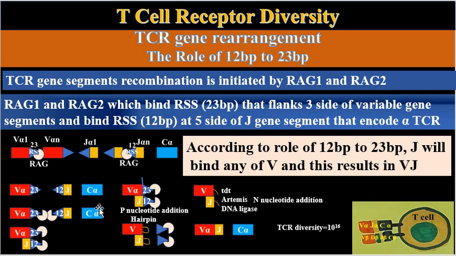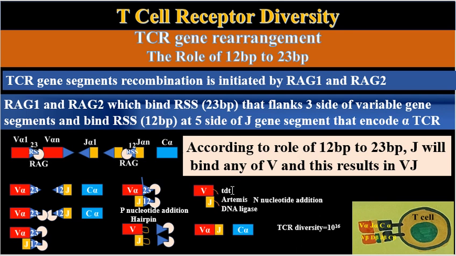Then RAG starts to cut or to cleave at these places, and this will end with formation of a hairpin due to P nucleotide addition by RAG enzymes. However, RAG enzymes cleave the hairpin, and it will end with an injury or incomplete DNA like this.